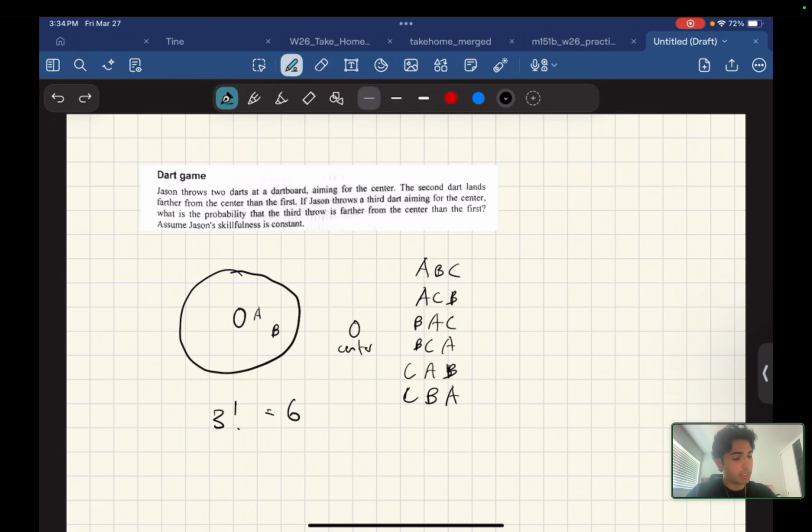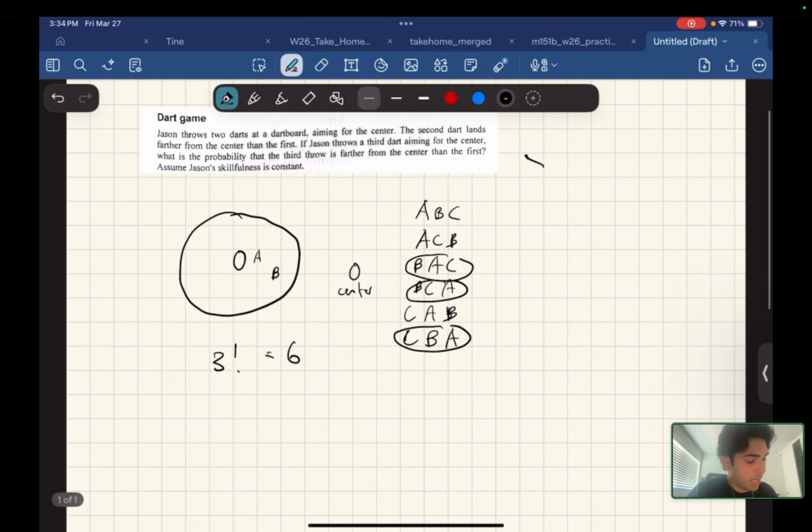Which orderings have B closer to the center than A? BAC, BCA, and CBA, which is not allowed because the question said so. So we can get rid of these, or rewrite the allowed ones as ABC, ACB, and CBA.